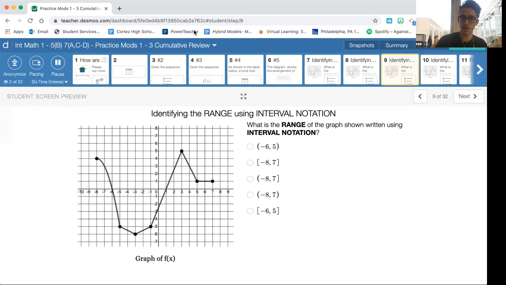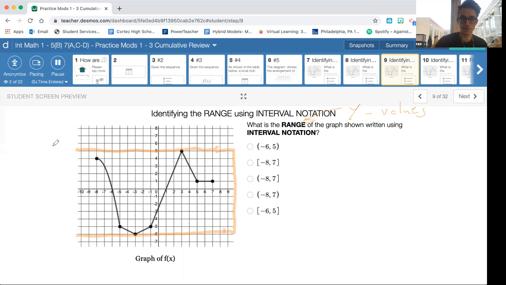Range deals with Y values. You know this. So this is Y values. And so when I approach this, I'm thinking, what's the lowest point? And then what's the highest point? And does the function have any gaps in between there? But we see that it doesn't.